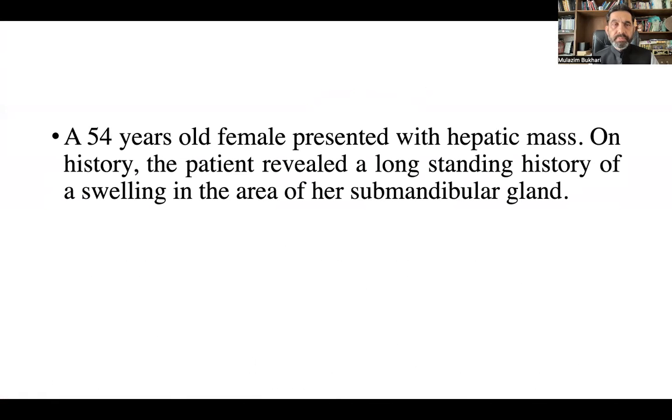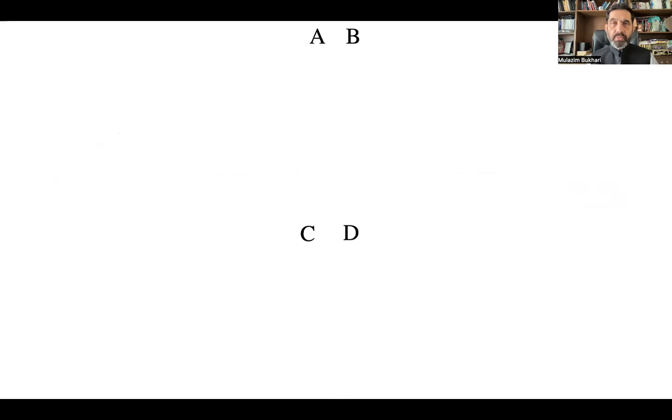Now a case related to today's topic: a 50-year-old female presented with a hepatic mass. On history, the patient revealed a long-standing history of swelling in the submandibular area. If there is no history, then you can confuse it with cholangiocarcinoma or hepatocellular carcinoma.